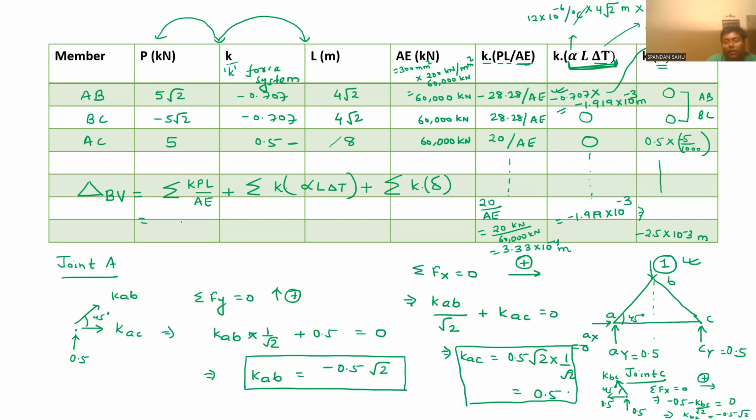So when you add up, it will be minus 3.33 minus 1.919 minus 2.5 whole into 10 power minus 3. So what we are getting? Minus 4.077 mm. This is the final answer.